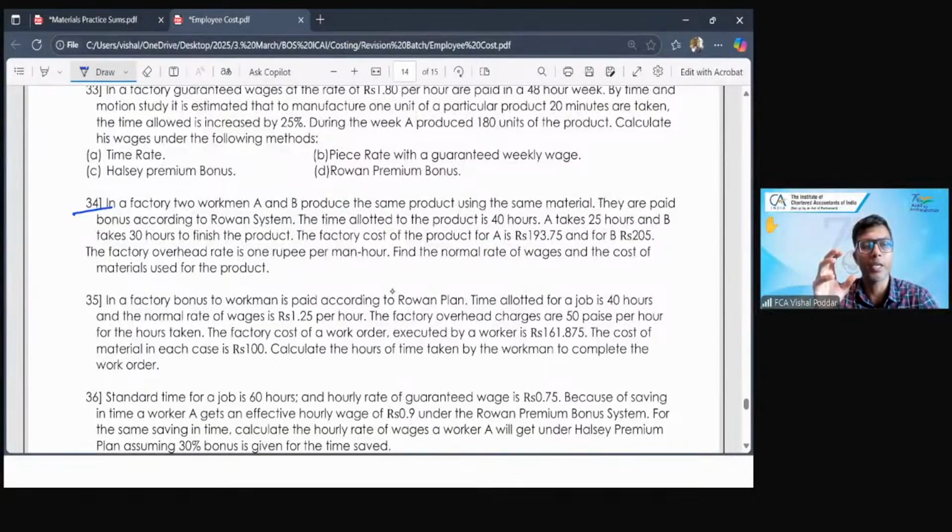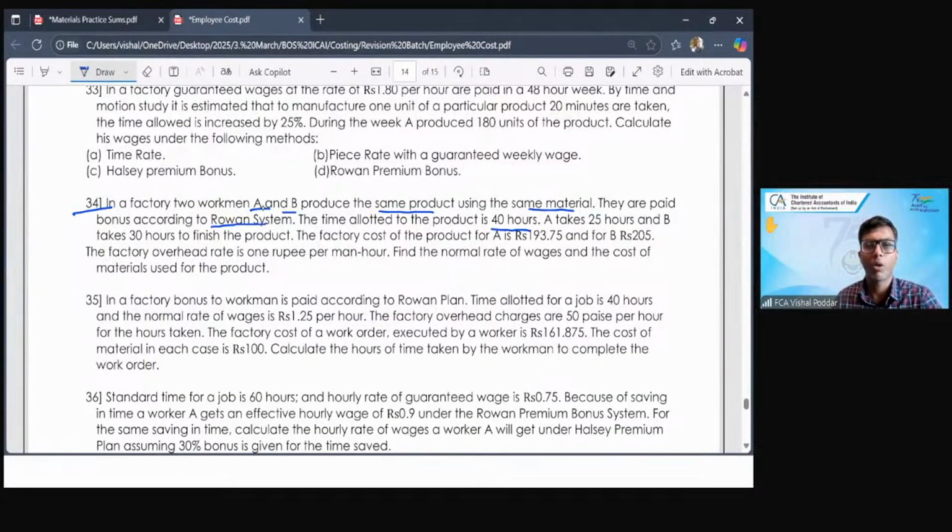Now, what have they given to you? In a factory, there are two workmen, A and B. They are making the same product using the same material. Both are employed in the same work. Both are paid under Rowan plan.